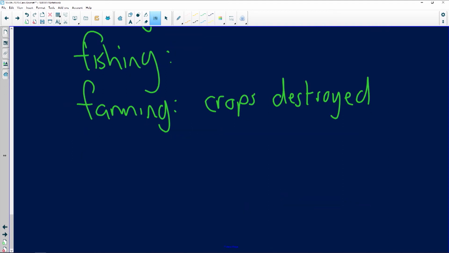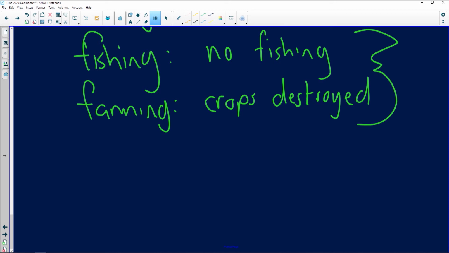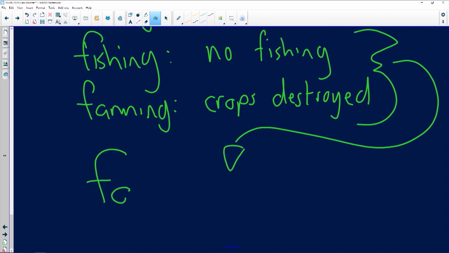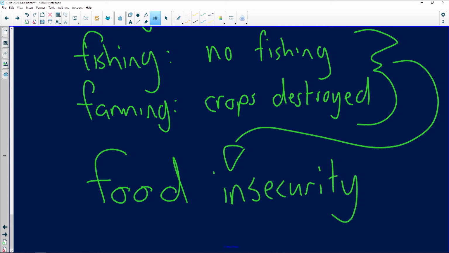And once again, if we look at fishing, I'm just going to write there no fishing. And in this case, if the crops are being destroyed and no fishing is going to take place, it's going to create what? Very important term, food insecurity. Okay. Once again, what does food insecurity mean?